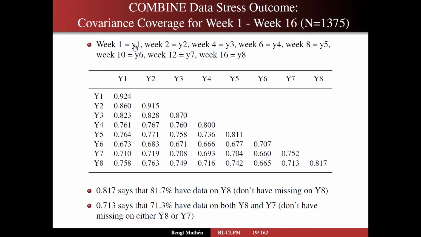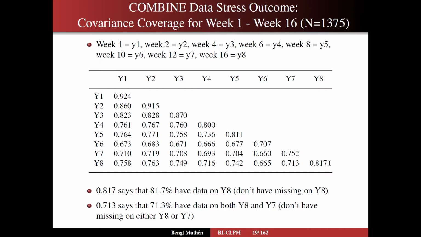Week 1 is what we're going to call Y1, up to week 16, which we're going to call Y8 for simplicity. And here you have the Mplus output for the coverage of those different time points. So 0.817 says that 81.7% of the people have data on Y8.